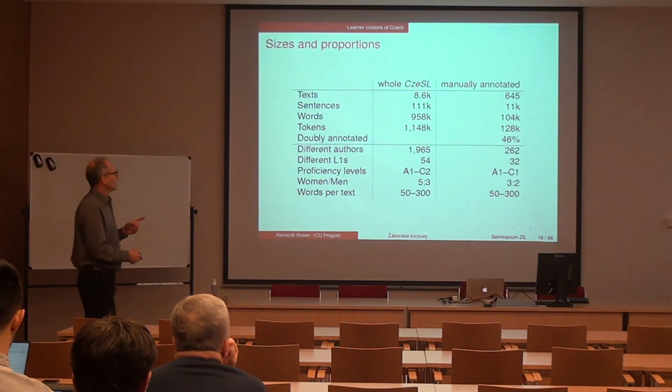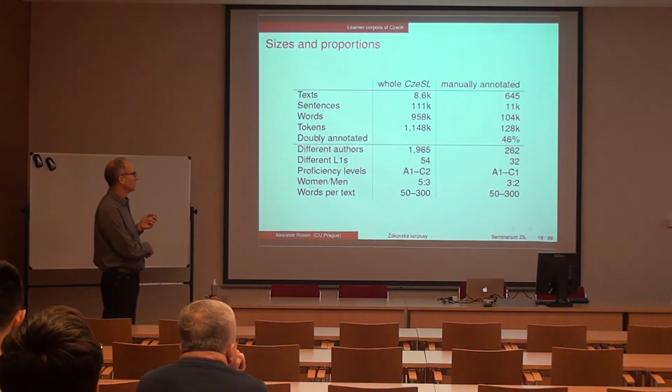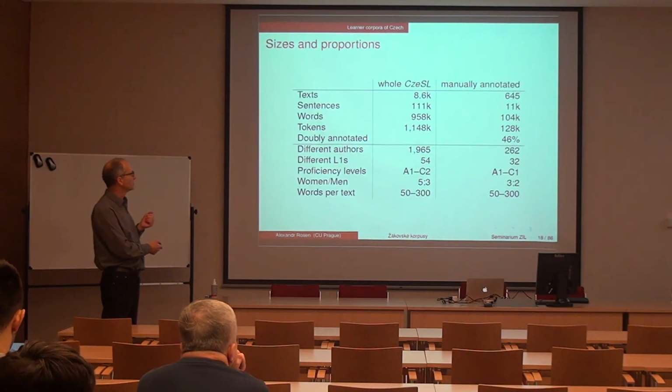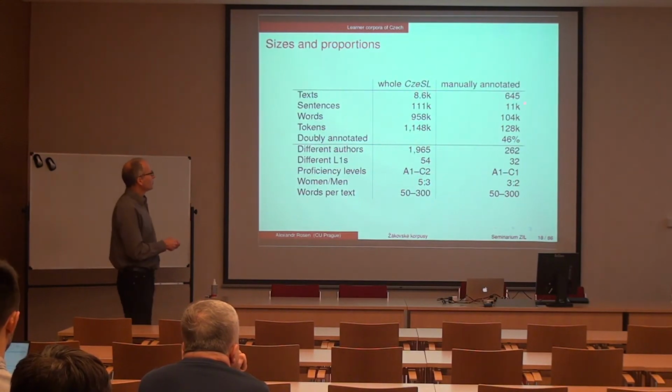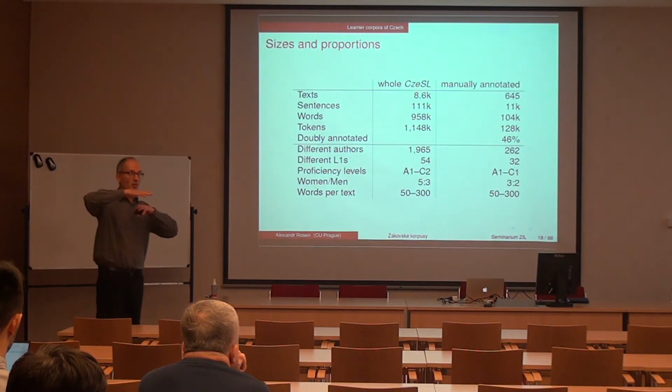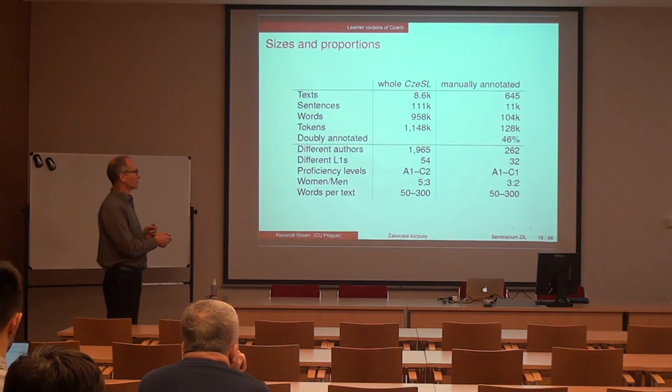Now it's more than 8,000 texts, 111,000 sentences, about 1 million tokens, words. Some part of it is manually annotated using this parallel system, so including word order and all the things.